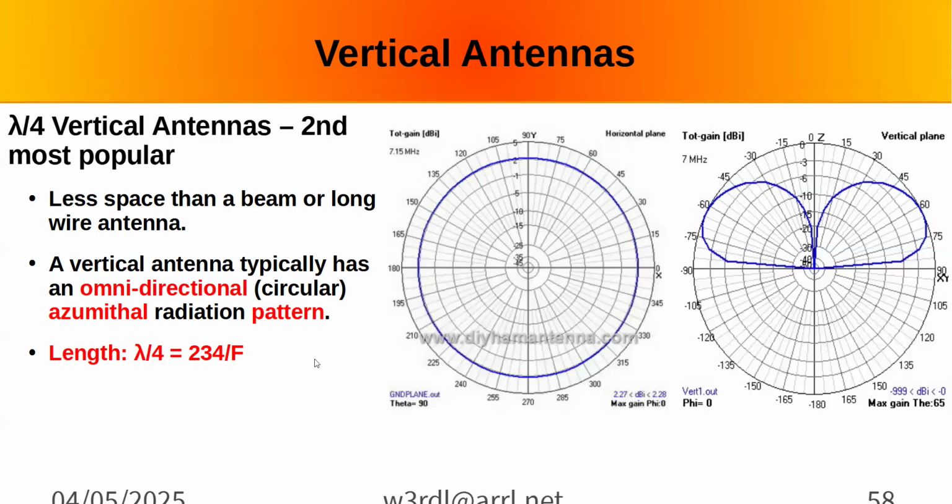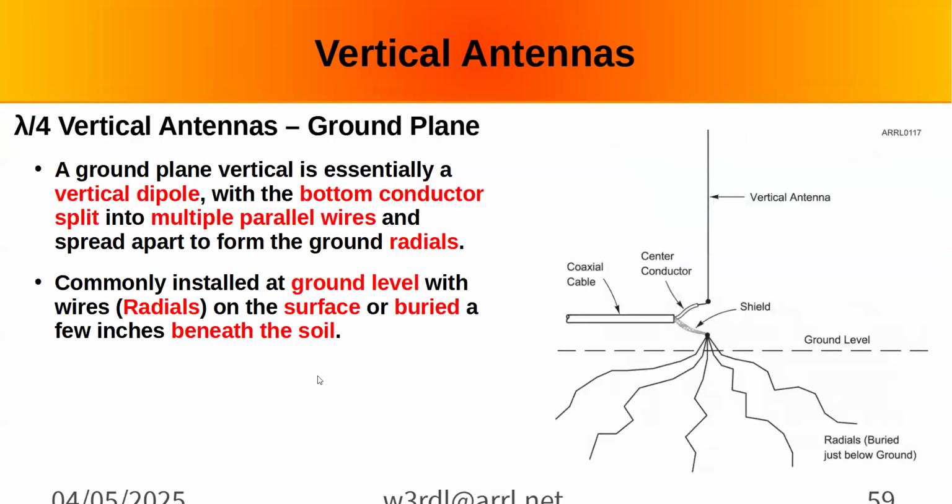The formula for calculating the length of the element for a quarter wave vertical is 234 divided by the frequency. Almost sounds like 468 divided by 2, doesn't it? So it's essentially a vertical dipole, where half of it is your ground plane.